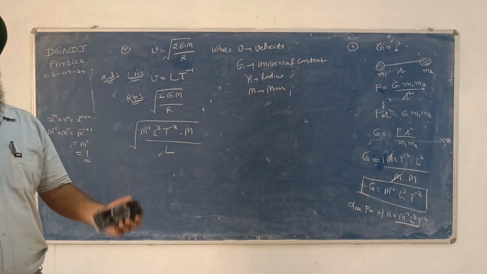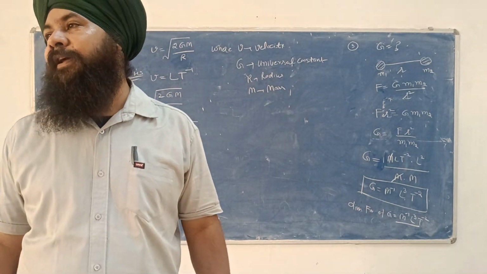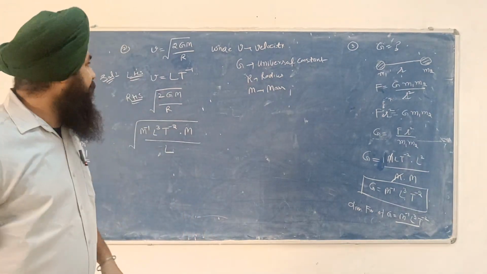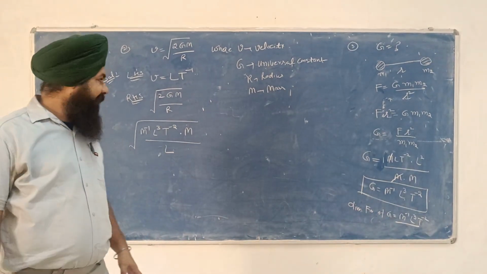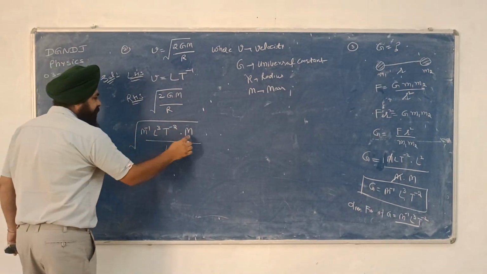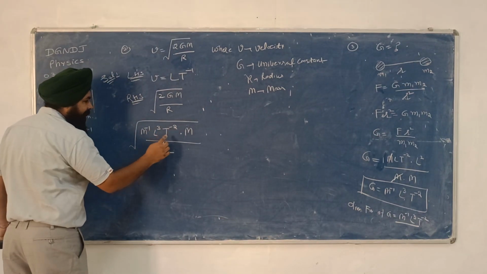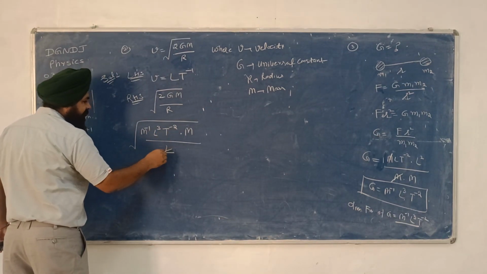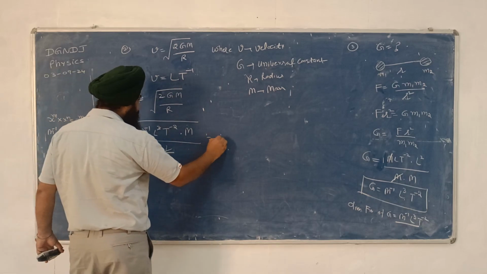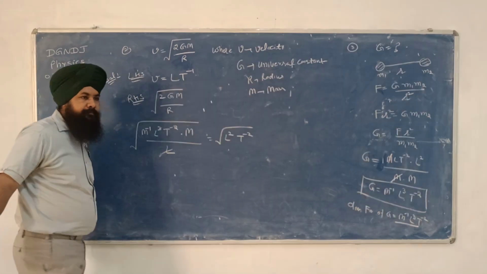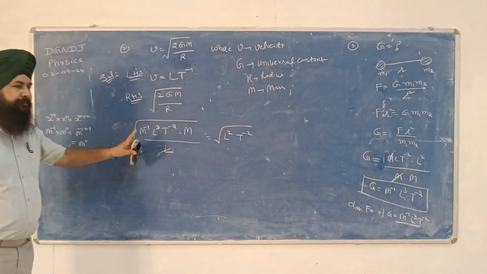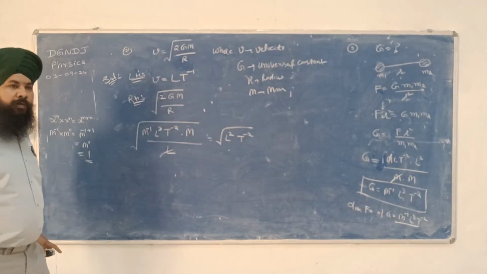So I have L square T minus 2 under the square root.